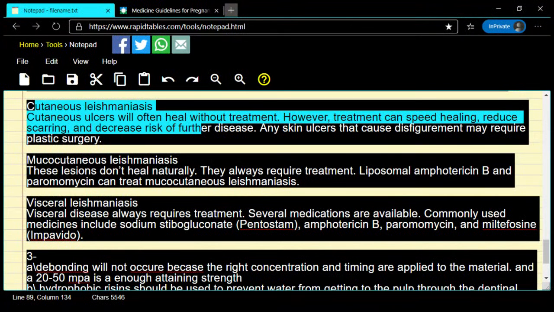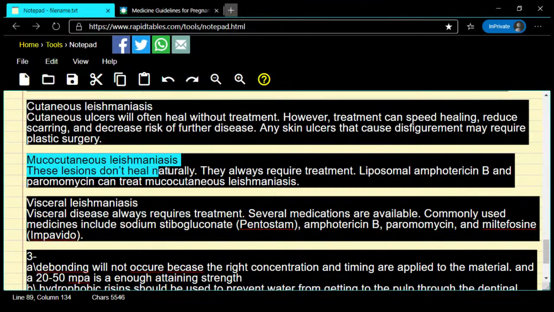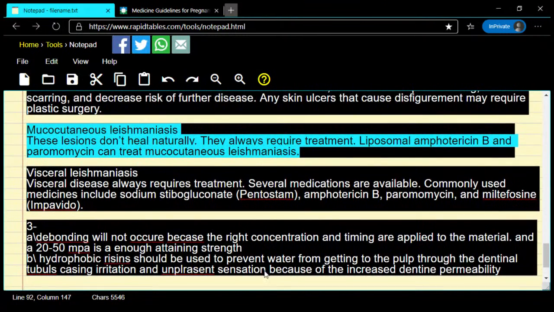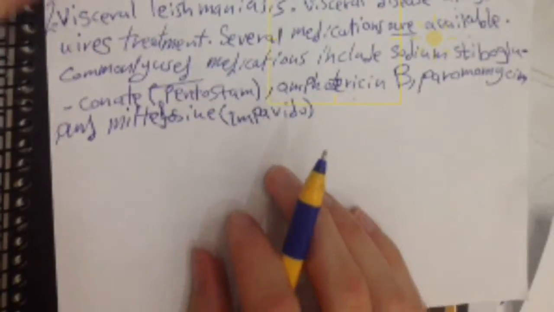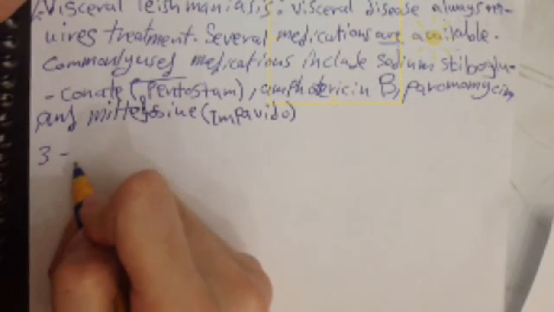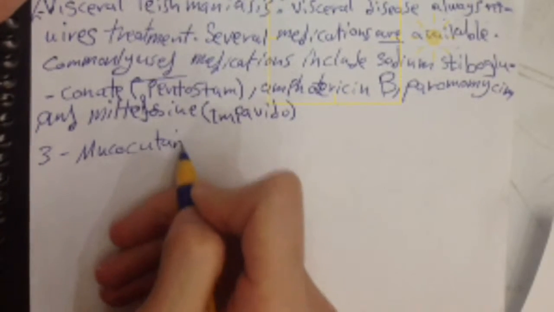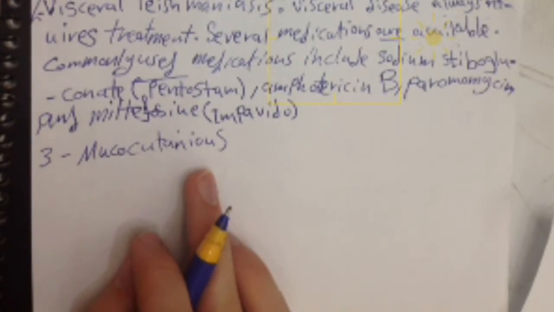So we studied cutaneous and visceral leishmania, but we haven't studied the mucocutaneous leishmania. Here is also an important one. Let's write it down. This one is mucocutaneous. There is cutaneous and there is visceral.